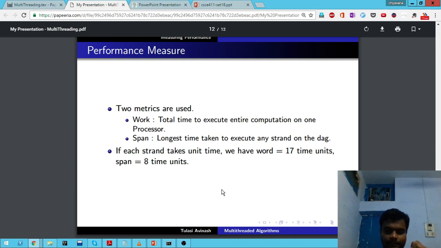And now span is the longest time any particular process should wait. Basically the time taken for the entire algorithm and the system to take the input and produce an output is divided into these two: how much time it took to execute the work, and how much time one of these particular nodes had to wait to continue its execution.